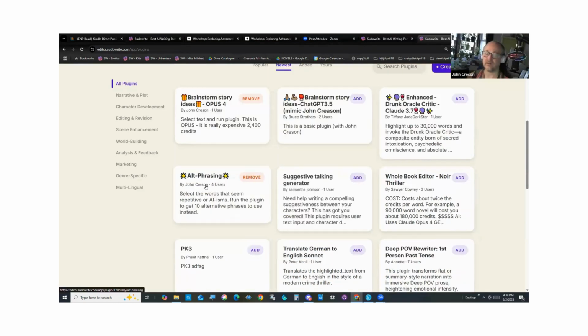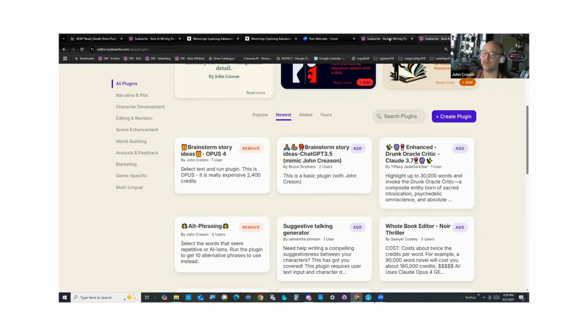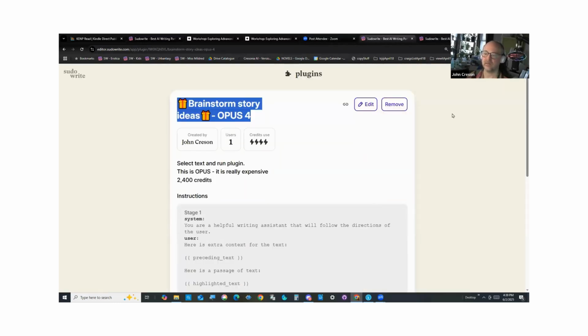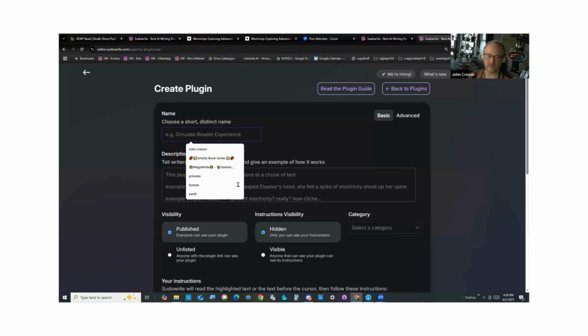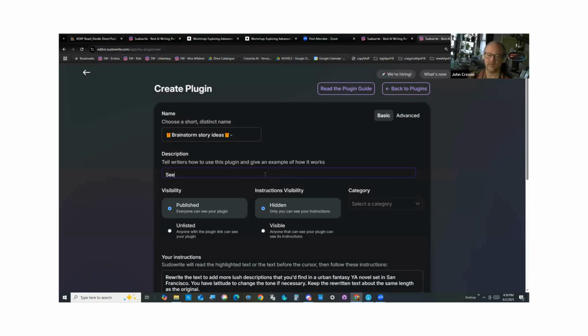This is one I made last night called alt phrasing, which I really like. Right there, I'm going to create a plugin. Opus 4, this one's not going to be Opus 4. Select text and run plugin.